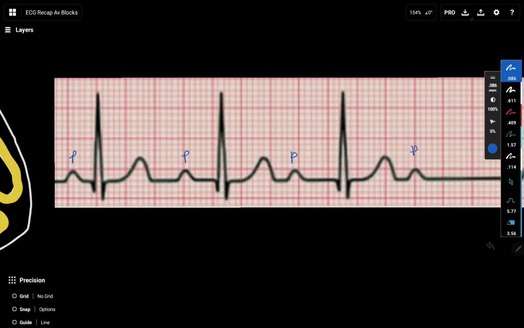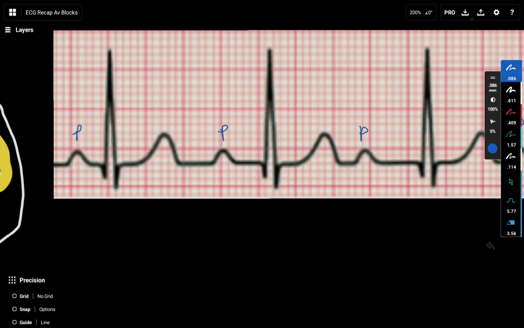Here we look at my PR interval once again, from the beginning of my P wave all the way to the beginning of my QRS complex. I think here we're looking at roughly 1, 2, 3, 4. So this one is pretty good.